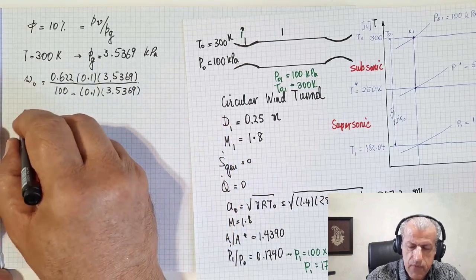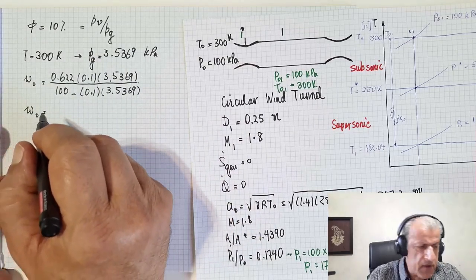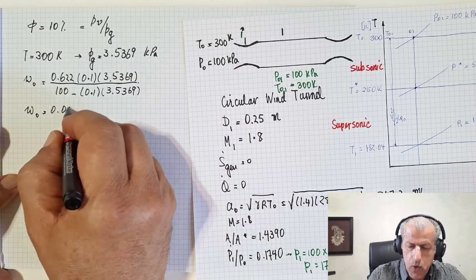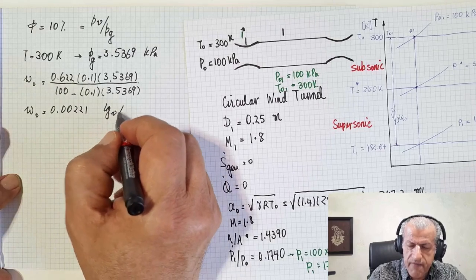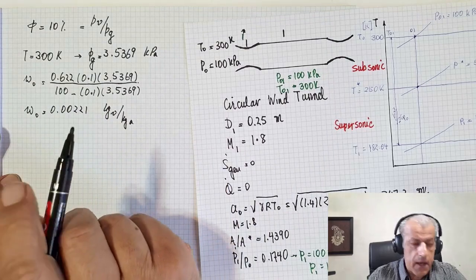And the outcome for W, the specific humidity, would be 0.00221 kilograms of vapor per kilogram of dry air.